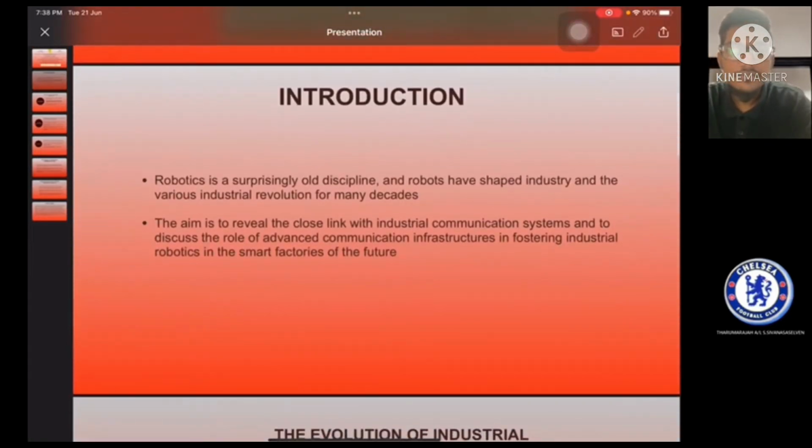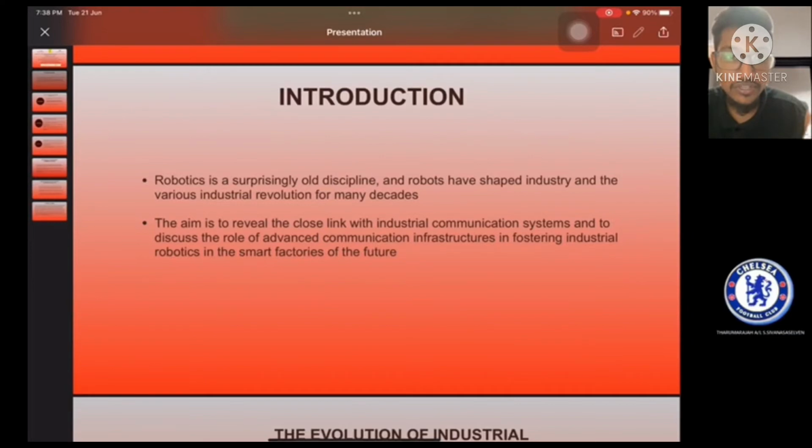First of all, the introduction. Robotics is a surprisingly old discipline, and robots have shaped industry and the various industrial revolutions for many decades. This survey is relevant to the Technical Committee on Factory Automation, focusing in particular on the evolution of industrial robotics.